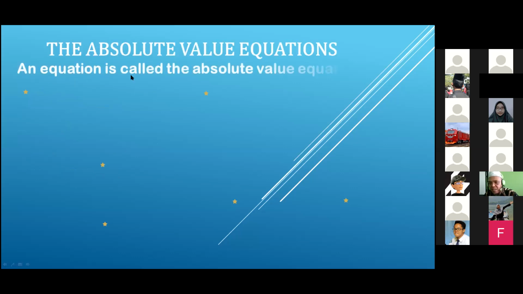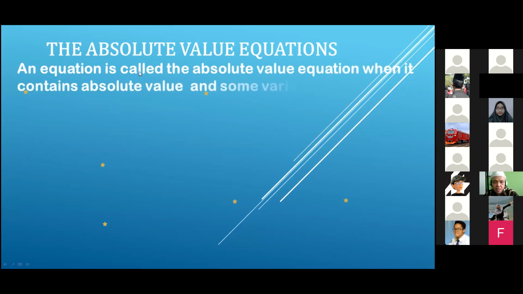So this is the definition of the absolute value equation. An equation is called an absolute value equation when it contains absolute value and some variable. For example, the absolute value of A equals 3, and the absolute value of A minus 2 equals 5.